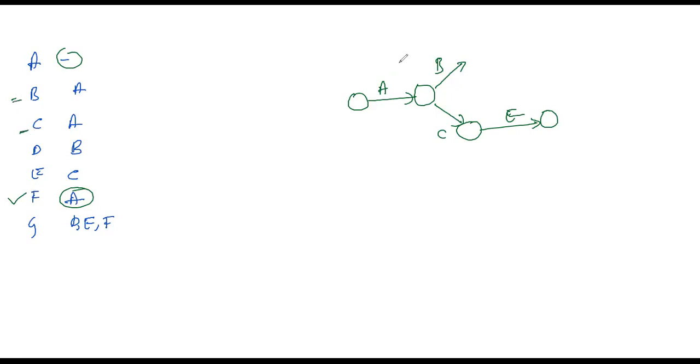We already started B and C, so we can start F like this. Next, activity D. If you want to start D, B is the predecessor, so after the completion of B I can start D.